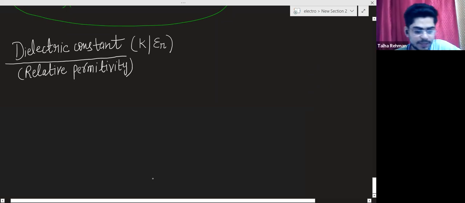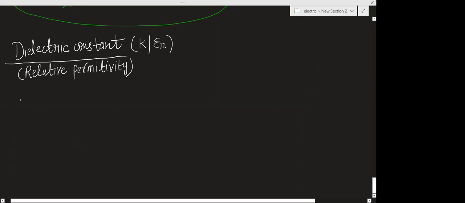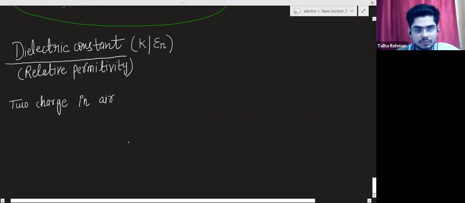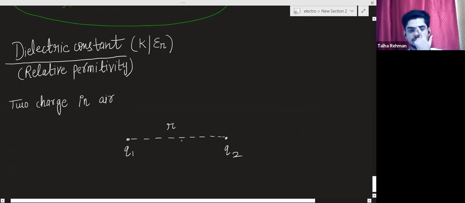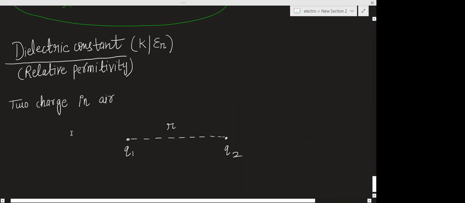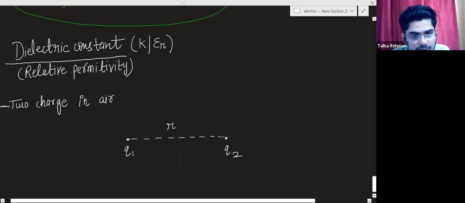Now, how will I calculate this? We have two charges, Q1 and Q2, and the distance between these two charges is R. These charges are placed in air.